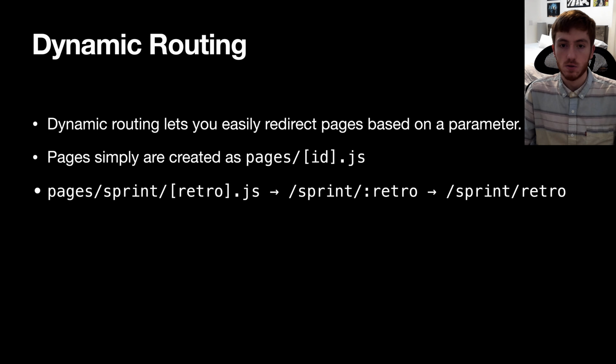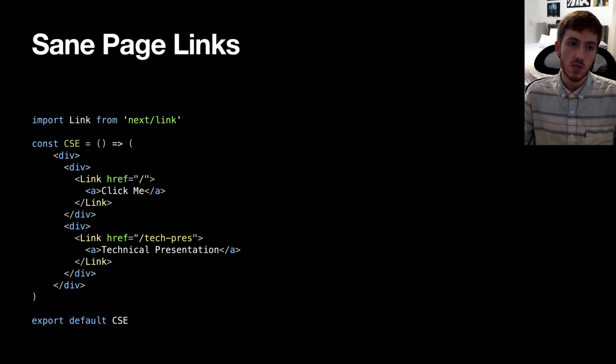Dynamic routing allows you to create parameters that quickly redirect pages. Here's a quick example showing if you're going to have a sprint folder that redirects to different retros. Page links are very sane and simple. Again, this is something that is a lot easier than your usual React Router, which is nice. You just use the built-in Next link component, and then you're able to quickly derive links, similar to how you use A tags. It just wraps those.